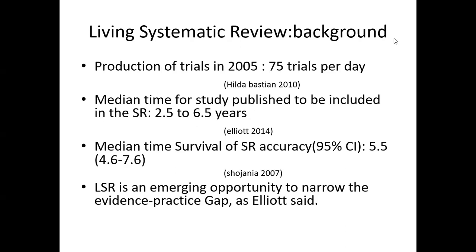I want to say here, in 2005, researchers were able to produce 75 trials per day. Now, it used to take 2.5 to 6 years for primary studies to get included in a systematic review, and the median survival of systematic review accuracy is 4.6 to 7.6 years.